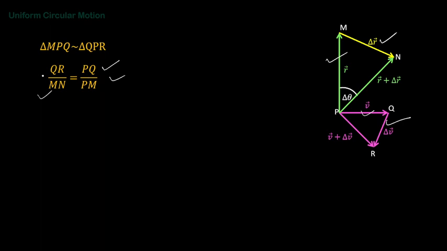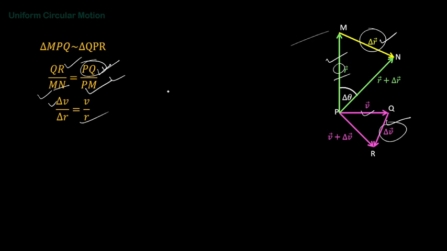That is why we have QR upon MN equal to PQ upon PM. QR represents the magnitude of change in velocity. MN represents the displacement of the particle, delta R bar. PQ represents the initial velocity, which is V. Initial and final velocity, they both are the same, while PM represents the radius. So we write R.